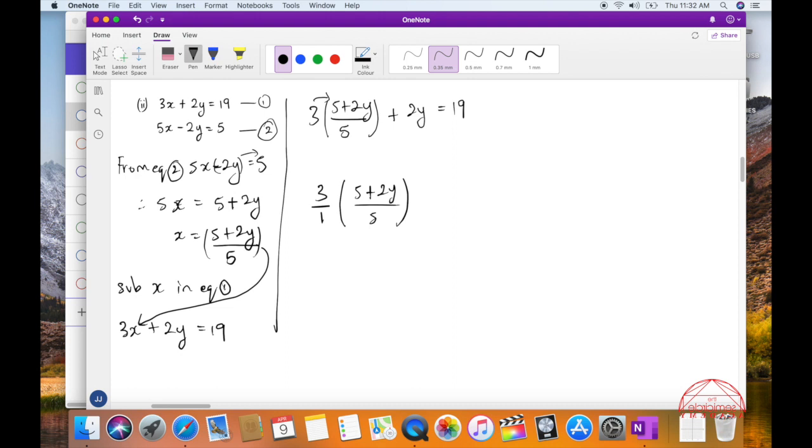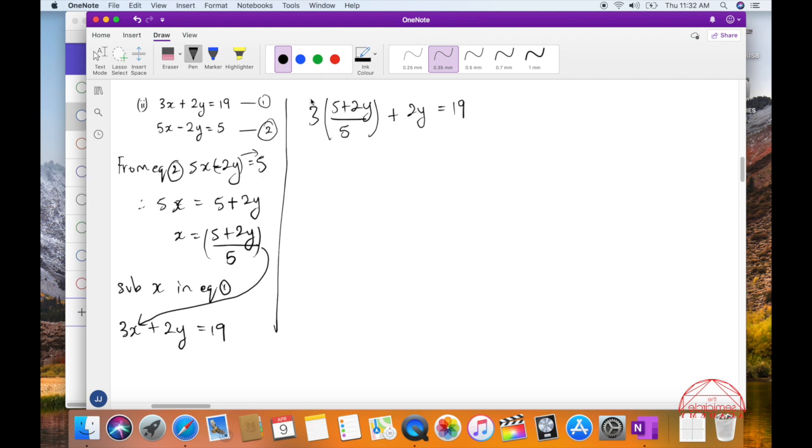And what we do when we multiply fractions is we multiply the numerators and the denominators, right? So that is one option. The other option is that I could simplify what is inside the brackets first and then multiply by 3 after. Now, whichever one you choose will work out the same answer, right?